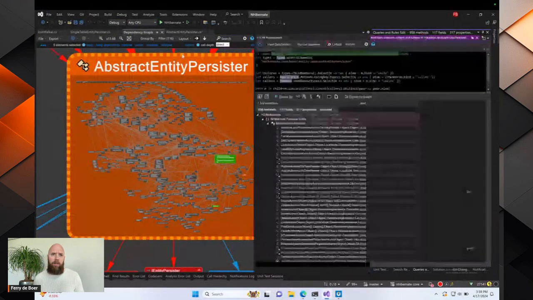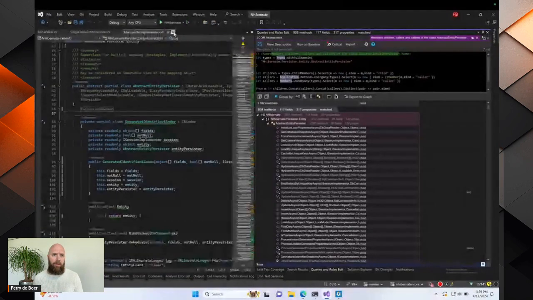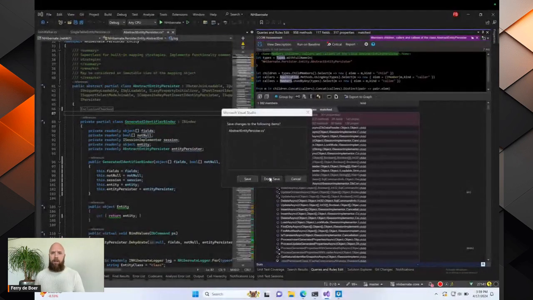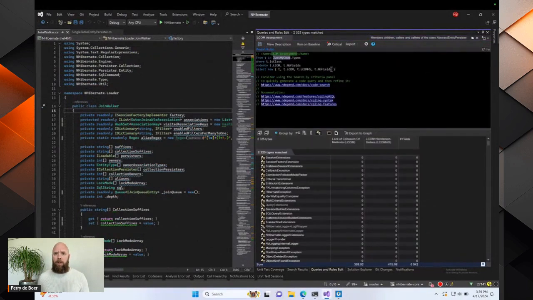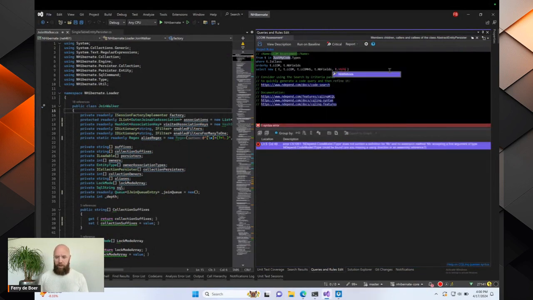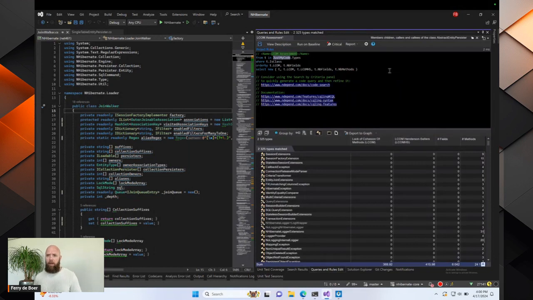Let's just do that. Let's close the graph for now. It's probably sucking up resources. No, I don't want that. I think I already wrote it. So basically you can use a language. Maybe there's also a number of methods.